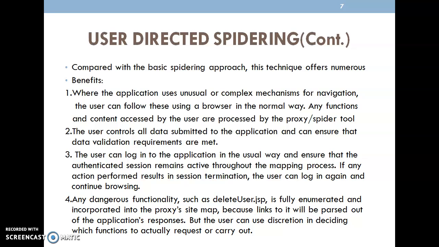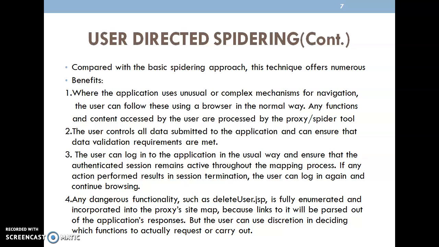We can see which fields are copied. Then the user controls all data submitted to the application and ensures that data validation requirements are met. Whenever the user can access this data stored in the proxy tool, they compare it with what was given as the initial requirement. If those two match, at that time we can say that all the requirements are fulfilled.